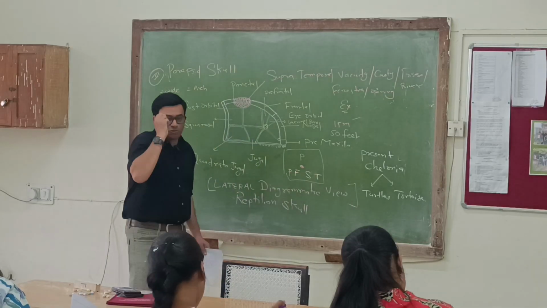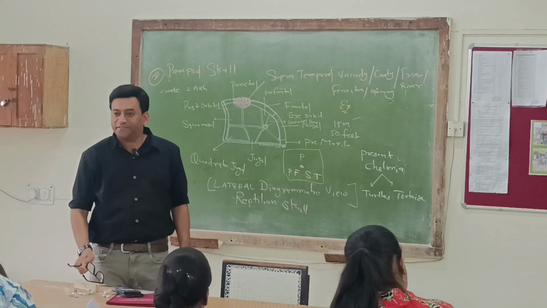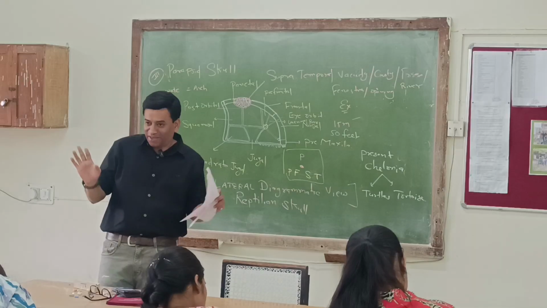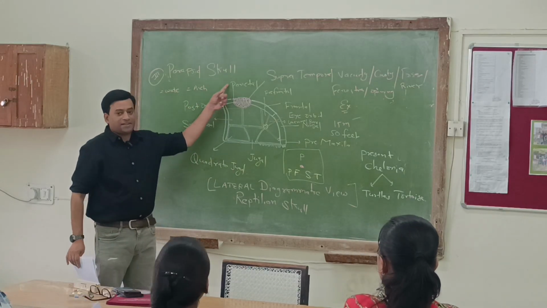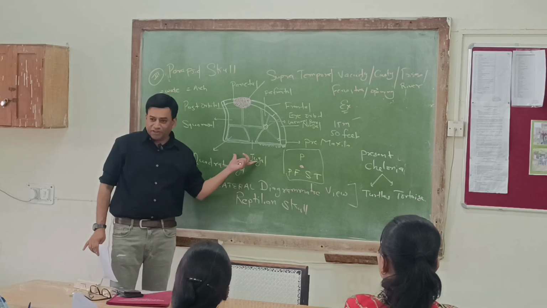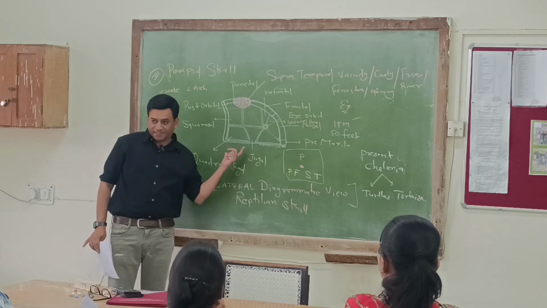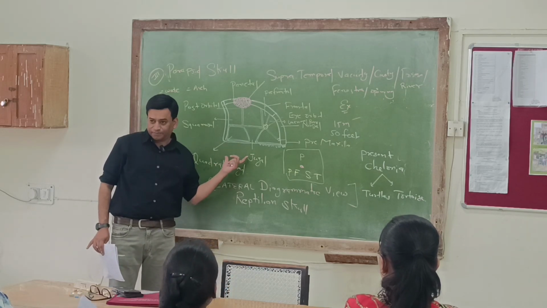Now you need not mug up the things, you just have to understand and everything will be clear. Listen, pay attention, it is very important. This parapsid skull is just a slight modification of the skull that we have just studied, the Euryapsid skull.